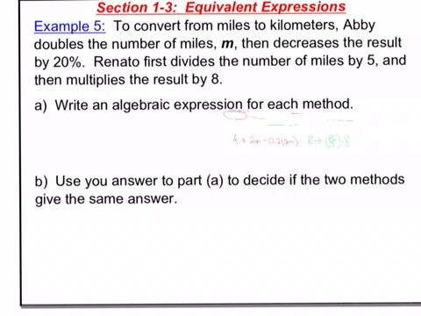And down here for part B, it says use your answer to part A to decide if the two methods give the same answer. And what we're going to do is we're going to simplify. So we're going to take this right here, and that's going to give me 2m minus 0.4m, which is 1.6m. And for Renato, when we multiply this, it's m over 5. And remember, you can rewrite 8 as 8 over 1.